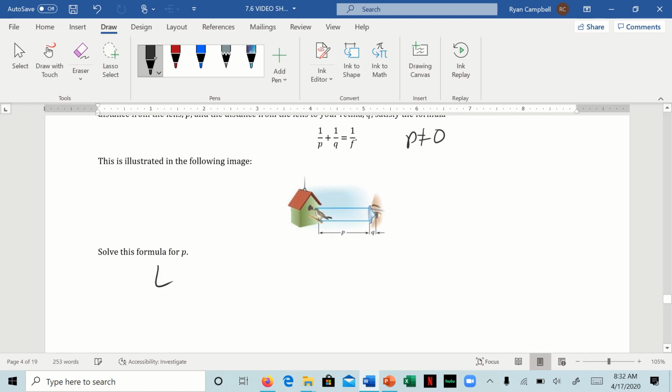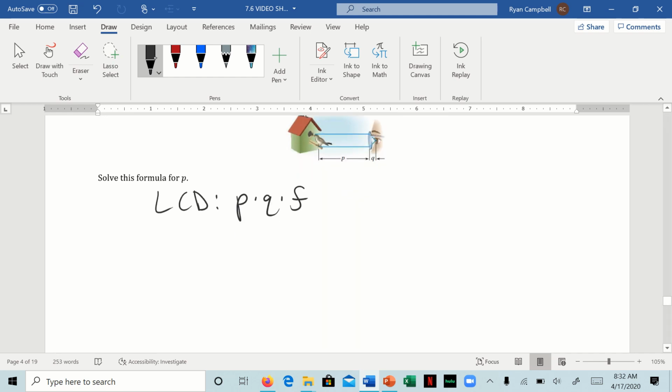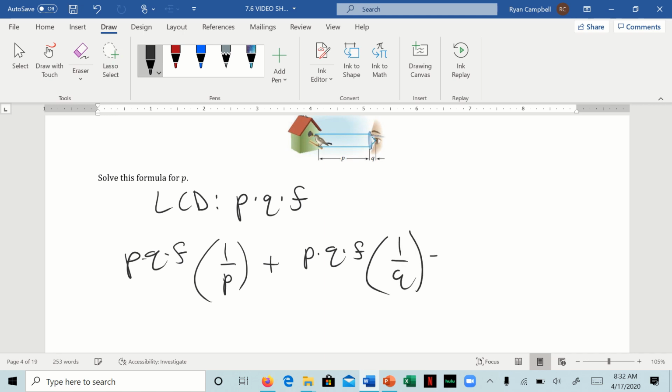Looking at the LCD, it's just going to be p times q times f, because none of those letters have anything in common. So we multiply p times q times f by everything: 1 over p, plus p times q times f times 1 over q, and then p times q times f times 1 over f.